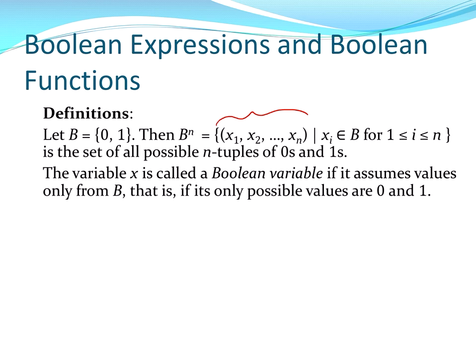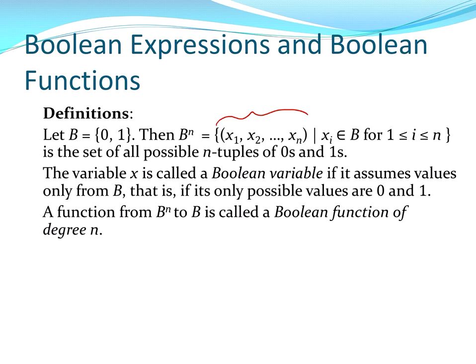All right, x is a Boolean variable if it only takes values from our Boolean set, in our case zeros and ones. And then if we're going to have a function from B^n to B, where the function has a value out of the Boolean set, then it'll be a function of degree n. So that basically means how many variables are in the input to the function.